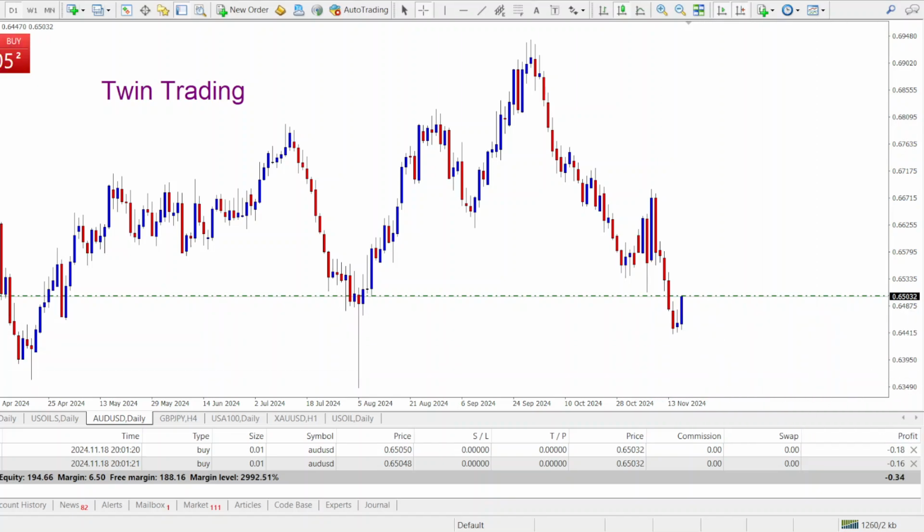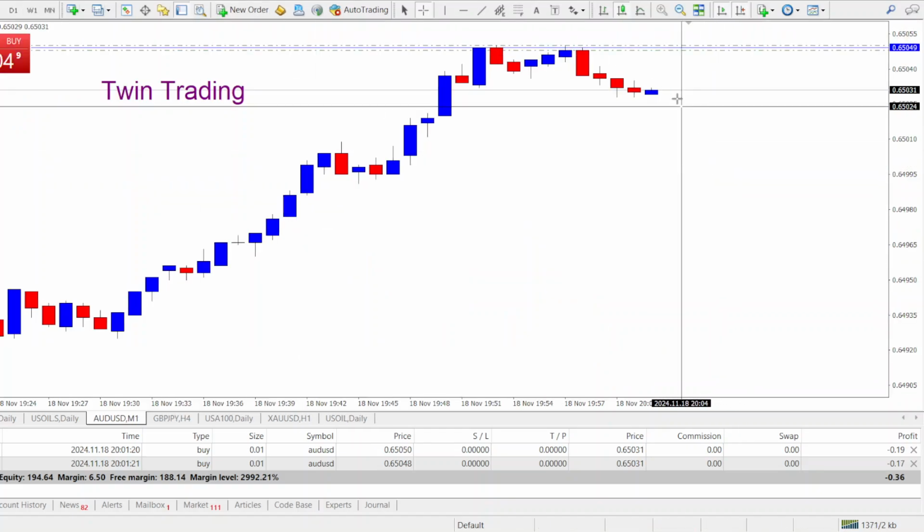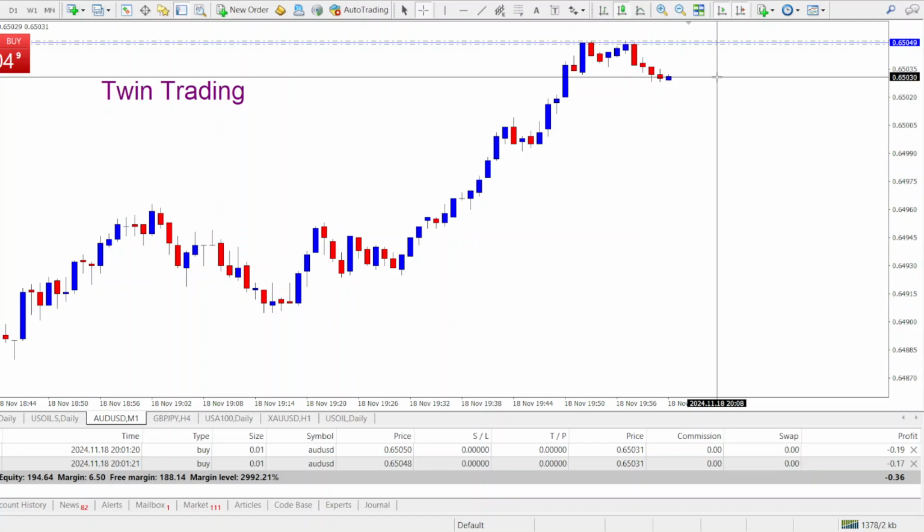Now, this is not exactly an identical entry point, so I'm just going to use buy limits or buy stops instead. Let me go closer.